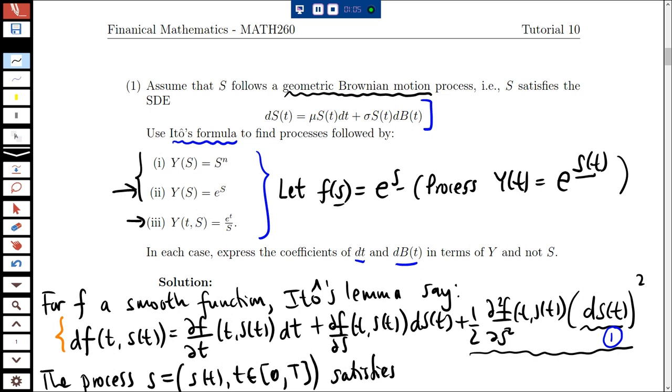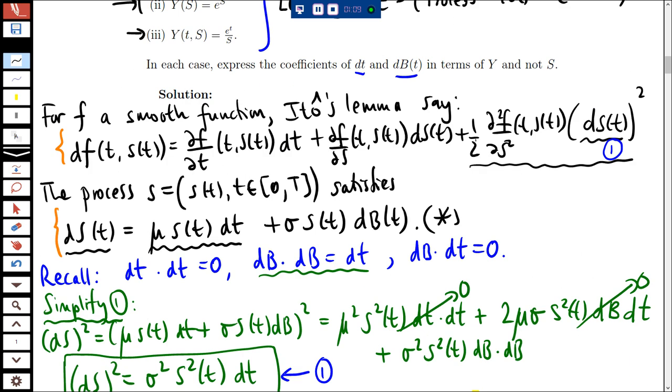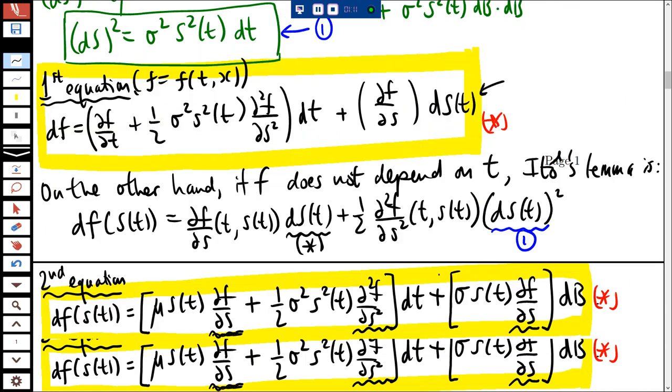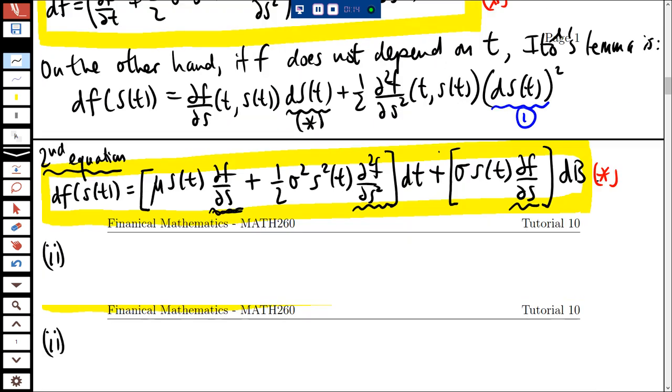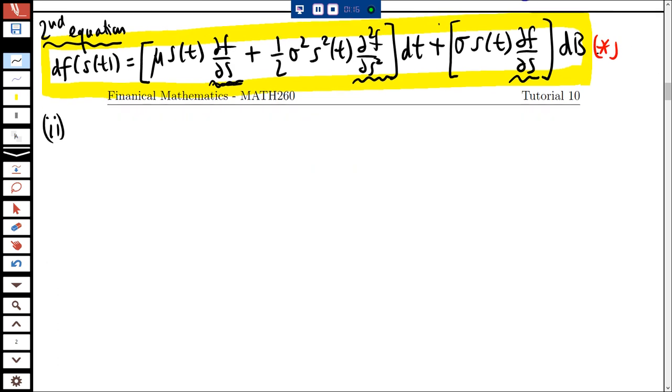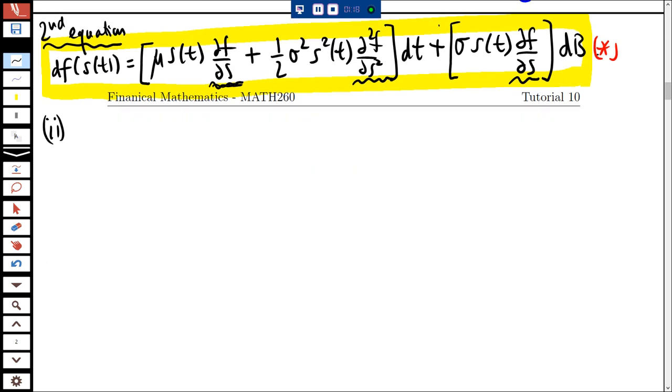Okay, so we need to use the second equation that we derived, which is this one here, because it only depends on a single variable over here, which is s. So if f of s is e to the s, we're going to need to know some partial derivatives. Okay, so let's do that next.